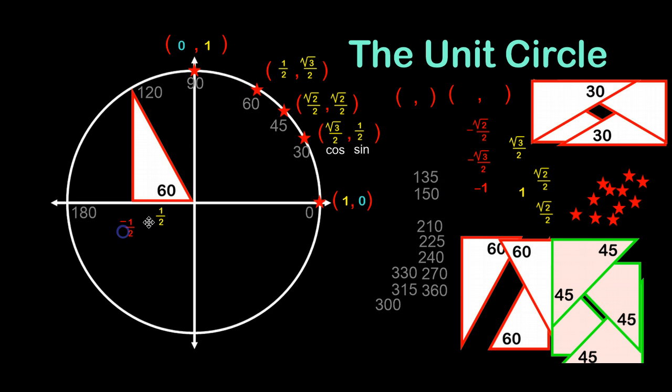I want to use negative 1/2. And so our cosine values in this quadrant are going to end up being negative because they're all to the left, which is negative on our xy axis. The sine value, opposite of 60, is going to be positive root 3 over 2. Because we're going up, it's positive.